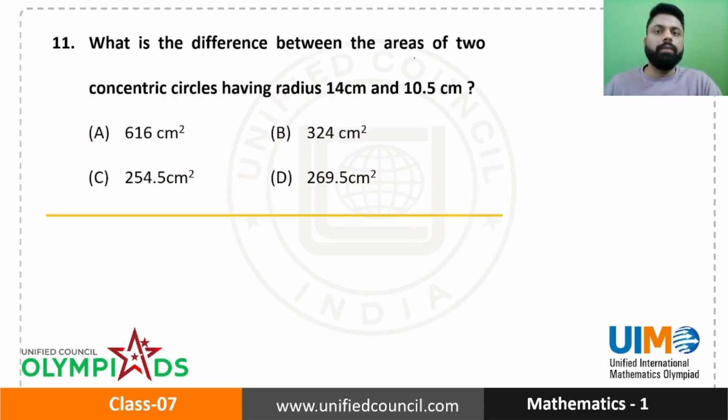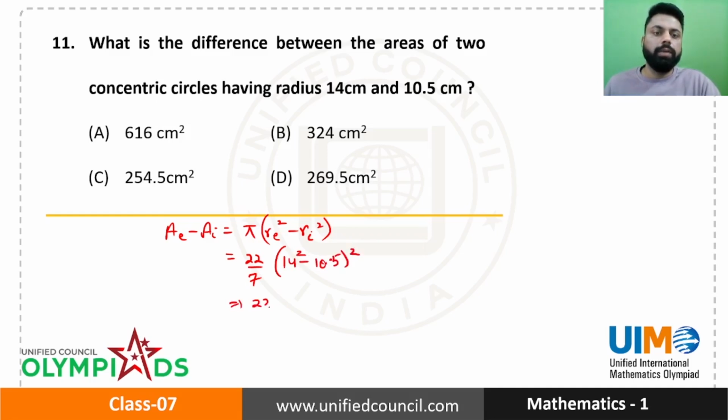What is the difference between the areas of two concentric circles having the radius that is given to us? Difference. So area external minus area internal is equal to pi into r external square minus r internal square in the bracket. 22 upon 7 multiply by 14 square minus 10.5 square.